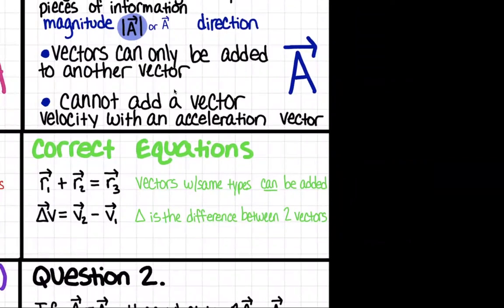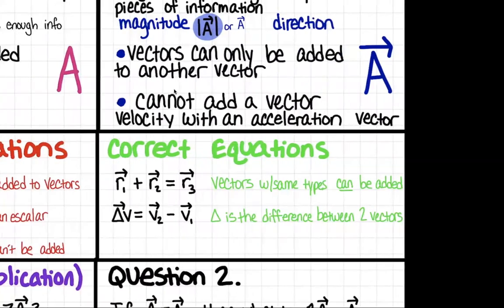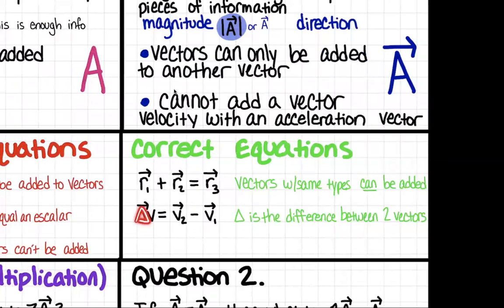Like we said, vectors of the same type can be added. So vector R1 plus vector R2 can equal vector R3. And here we're playing with delta. This little triangle means delta, and it means the difference between two vectors. So delta vector v equals vector v2 minus v1.